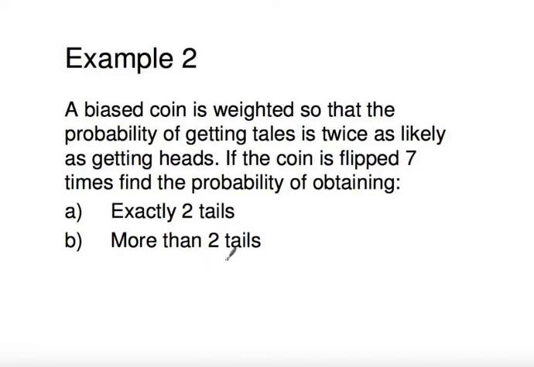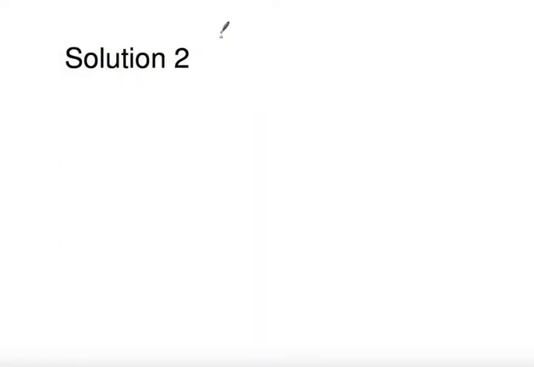A biased coin is weighted so that getting tails is twice as likely as getting heads. If the coin is flipped 7 times, find the probability of obtaining exactly 2 tails and more than 2 tails. First, I need to identify that the probability of getting tails is twice as likely as heads.